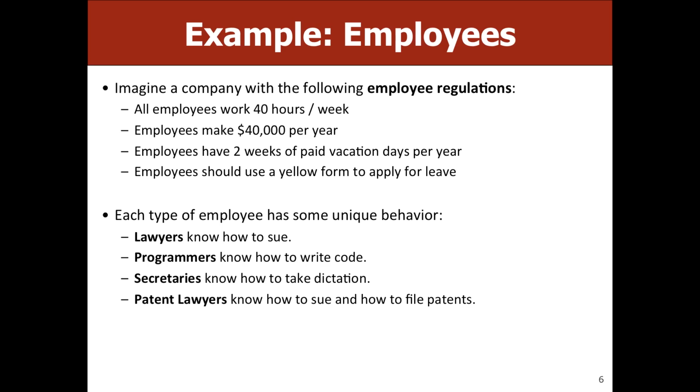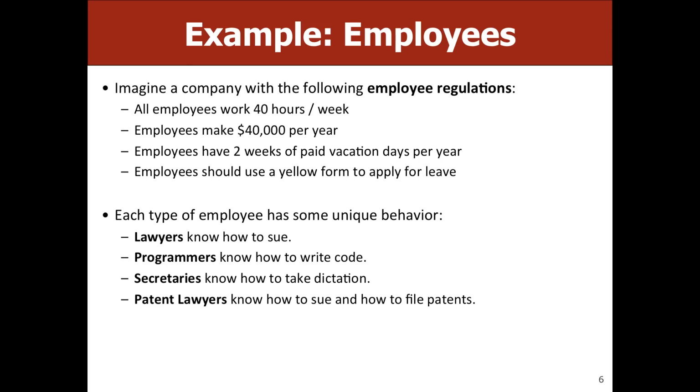Okay, so as part of this example, we're going to implement some classes of employees. There are all of these rules for employees, but it doesn't really matter what the rules are. We just wanted to define common behavior for employees. And then in addition to that, we have subtypes of employees, like lawyers or programmers or secretaries or patent lawyers, that can do extra things.